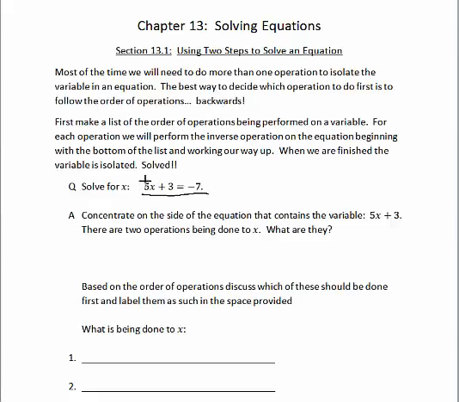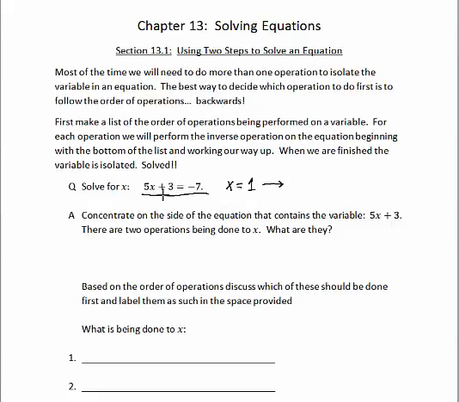Earlier, before chapter 12, one thing we were doing was evaluating expressions. When we were working on those, we would be told what number to replace the variable with. So for instance, in this case, we were told maybe x equals 1.